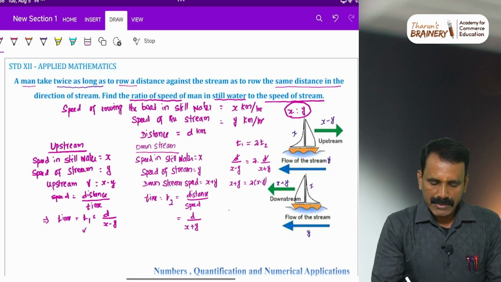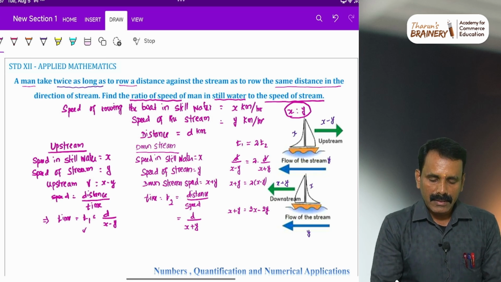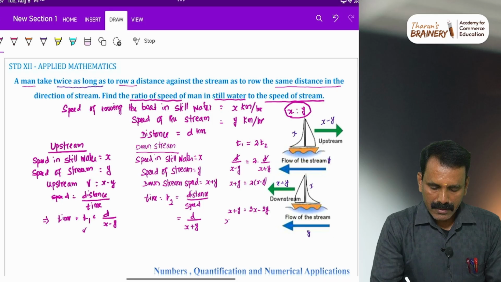So x plus y is equal to 2x minus 2y. We take like terms together, so x minus 2x is equal to minus 2y minus y. So minus x is equal to minus 3y.